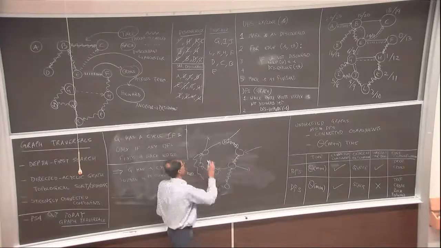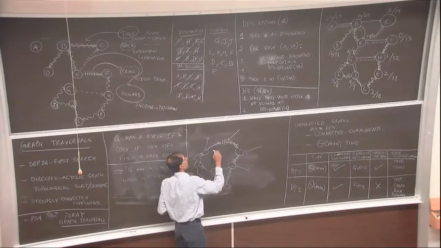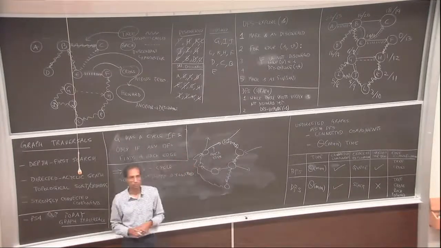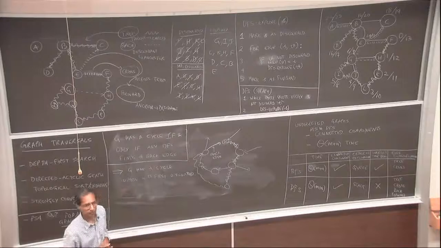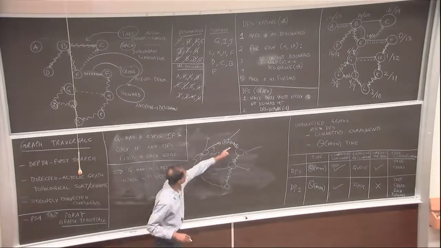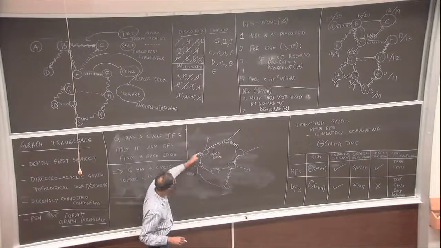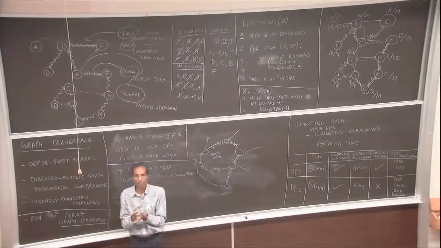So in particular, this edge, when it's added, will be a back edge. It may not match this cycle. In this example, this back edge might correspond to this cycle. It doesn't matter. It will discover a back edge.